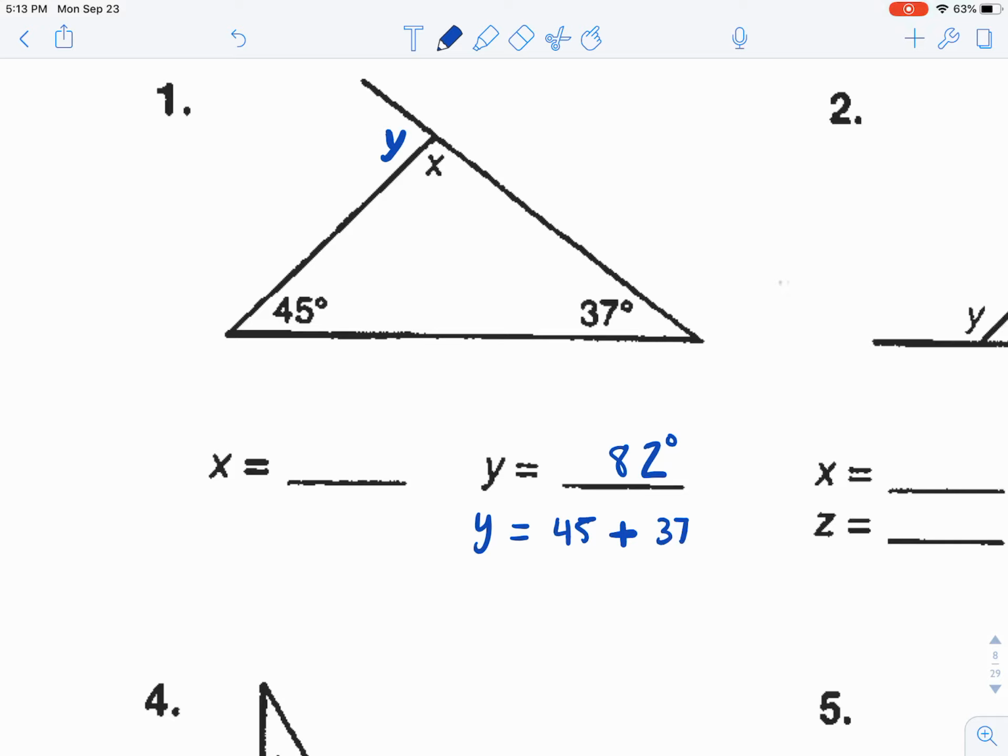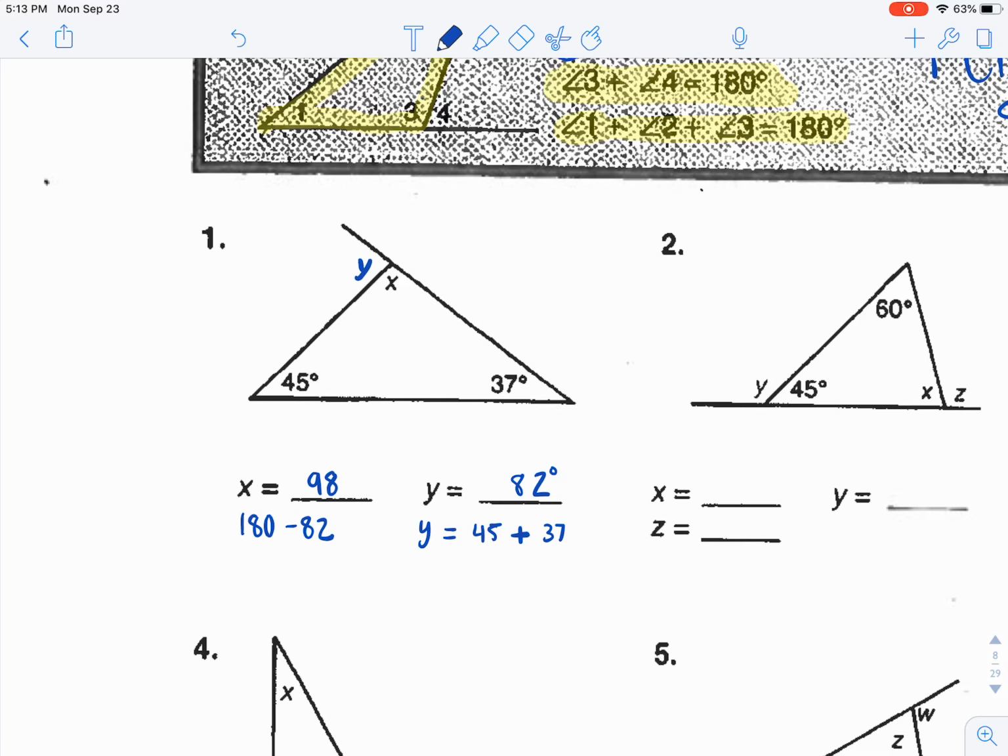So, the measure of angle y is 82 degrees. Let's find x. Well, this is where we should not forget that the three angles in a triangle add up to be 180 degrees. So we can add our two angles, which we've already done, and then subtract from 180. 180 minus 82 would be 98.